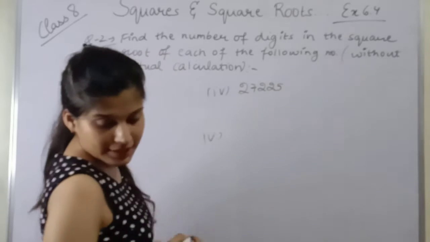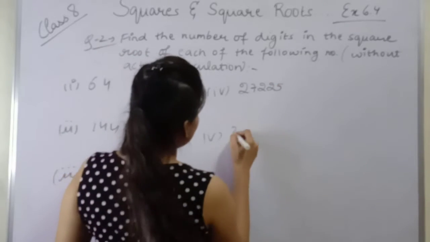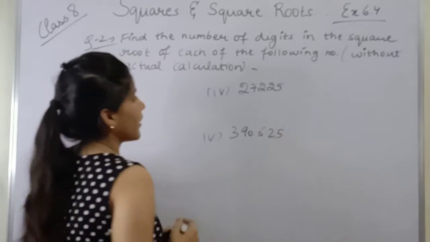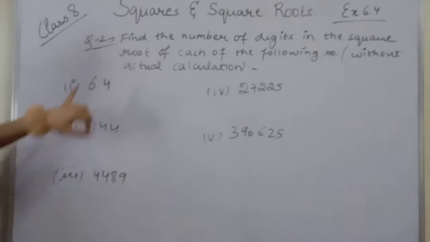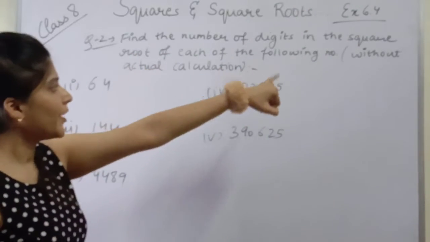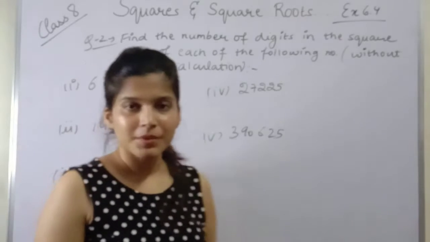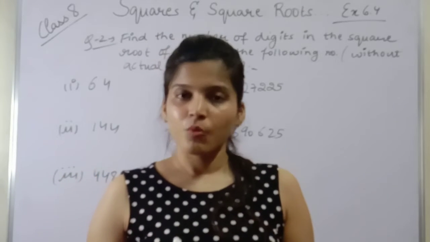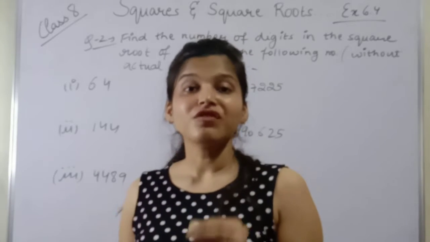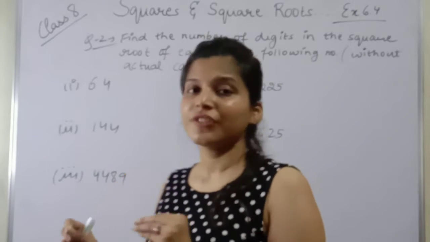And fifth part is 390625. Okay, so the question says find the number of digits in the square root of each of the following numbers. Now these are some numbers, they will have some square roots, and we have to find the number of digits in the square root of these numbers.